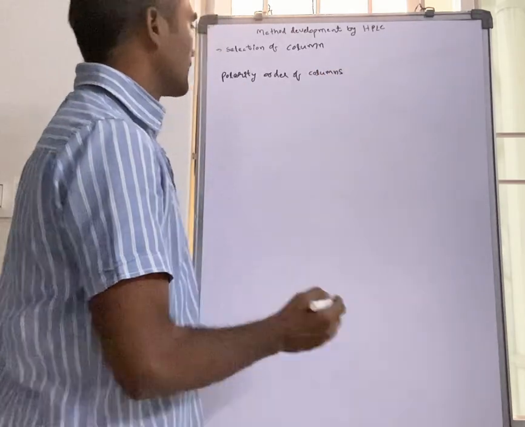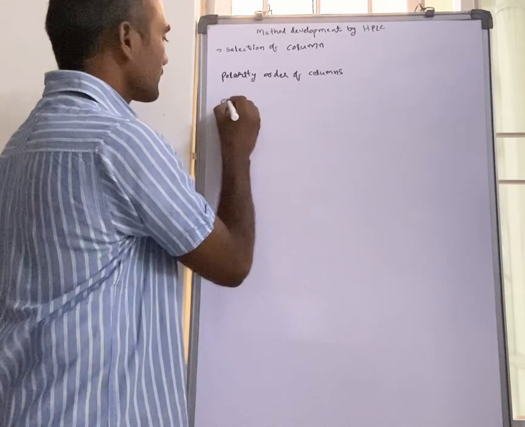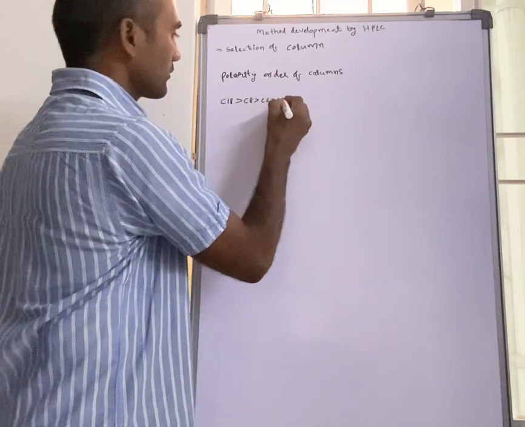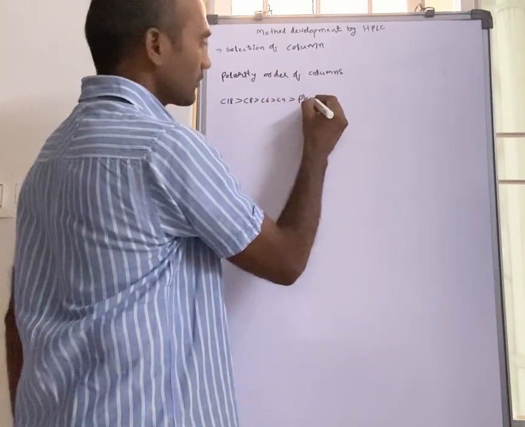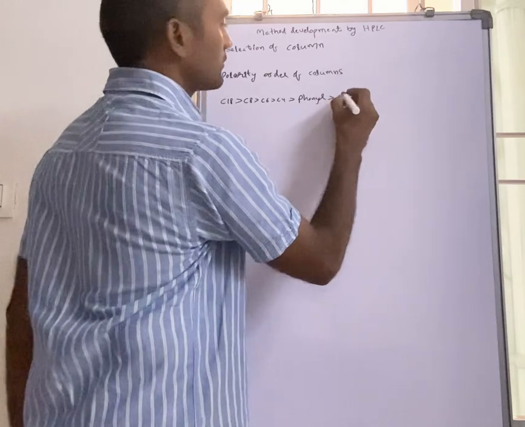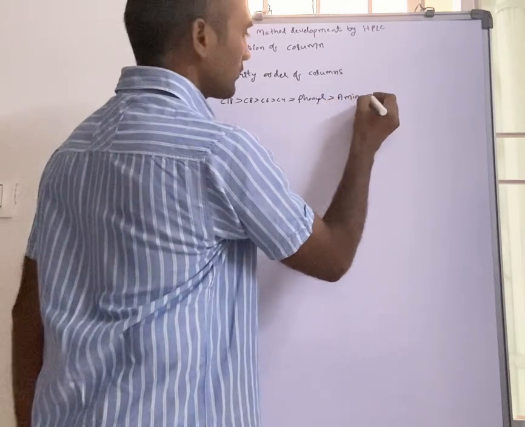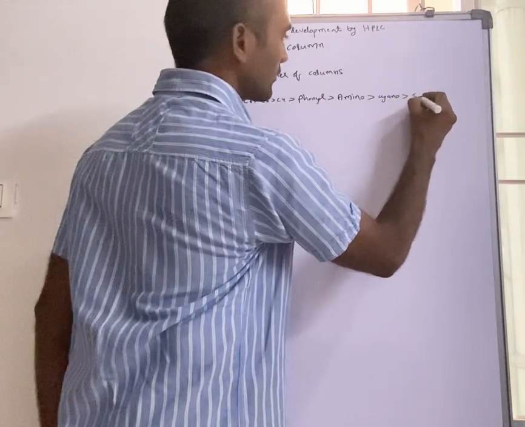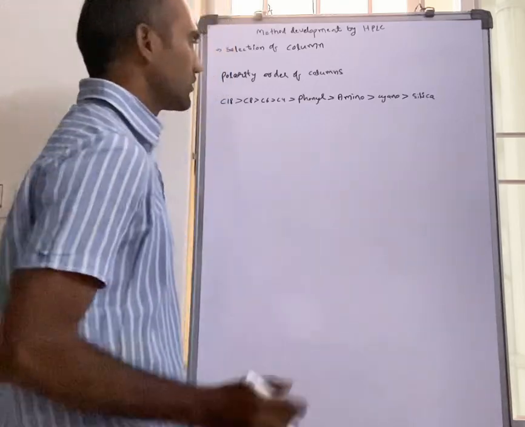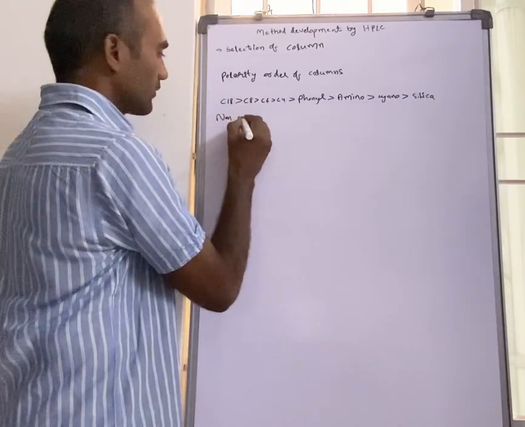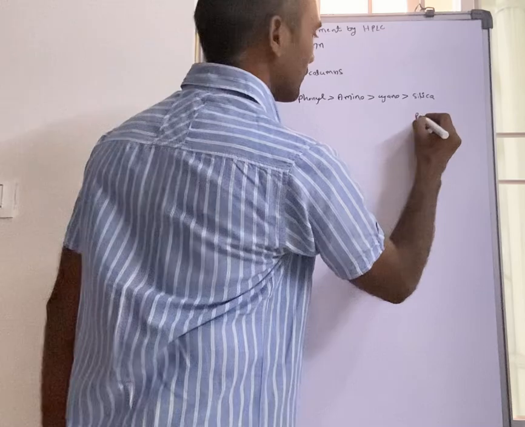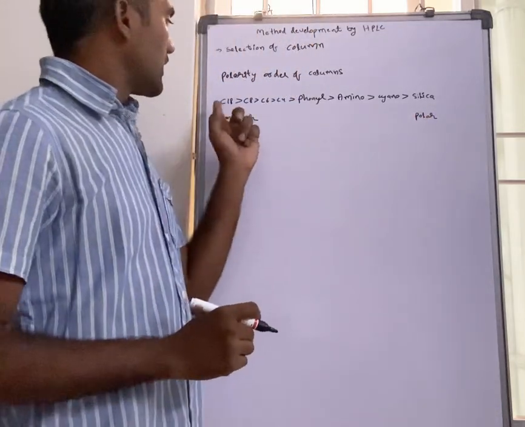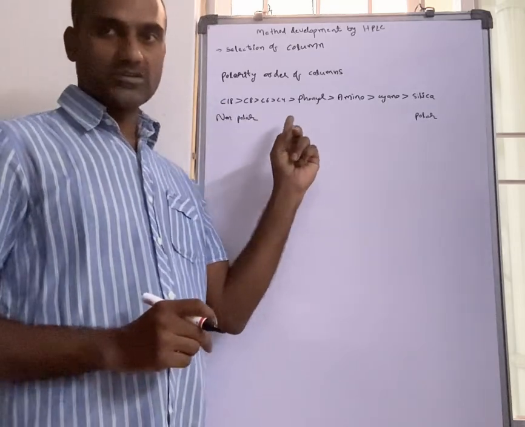Polarity order of columns. So this is the polarity order for stationary phase of the columns.